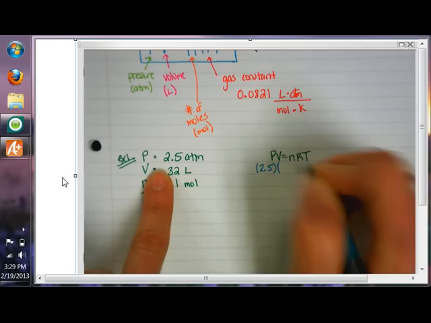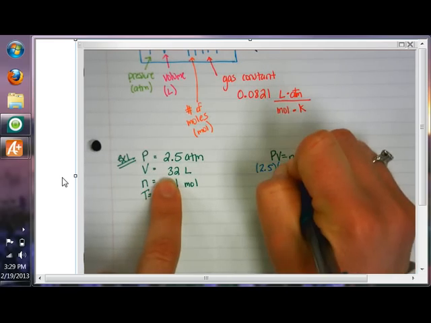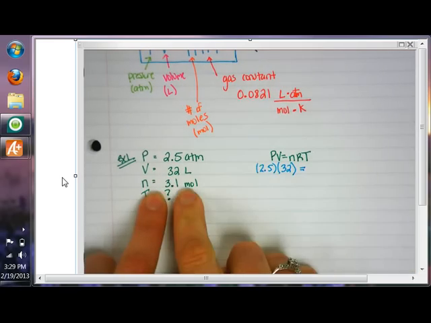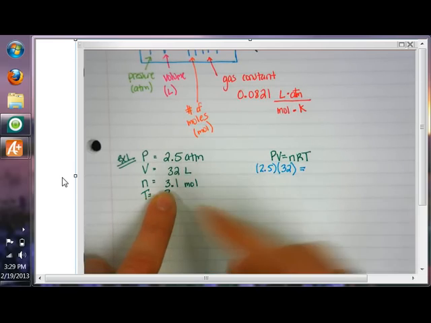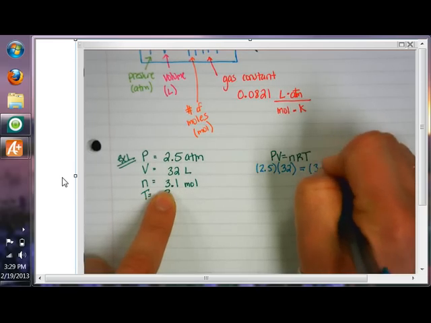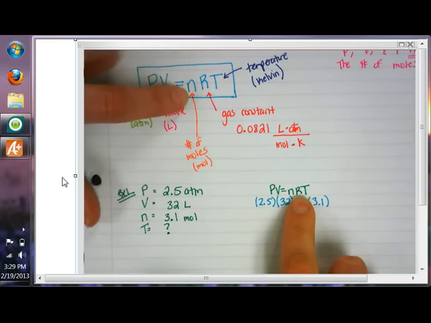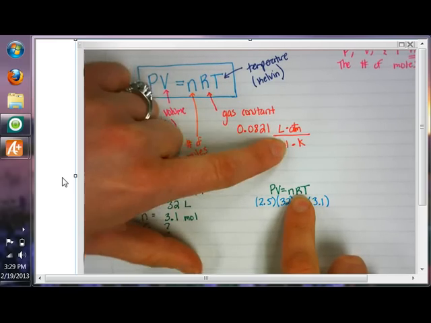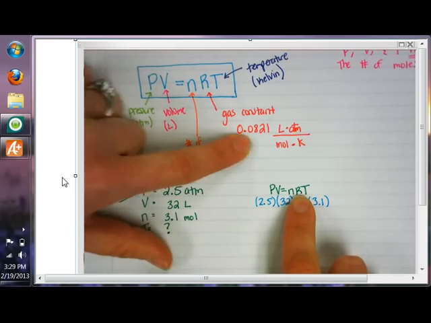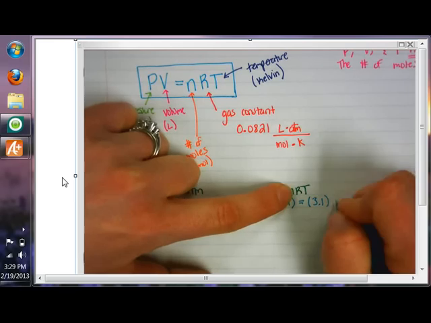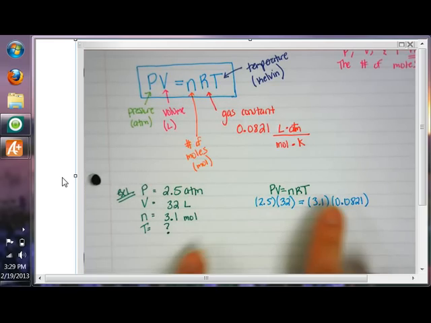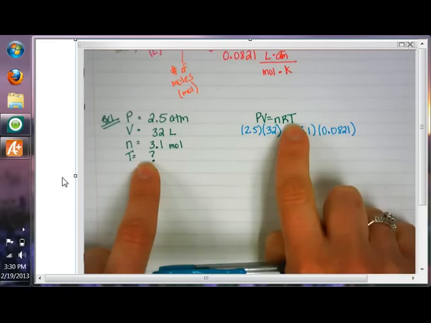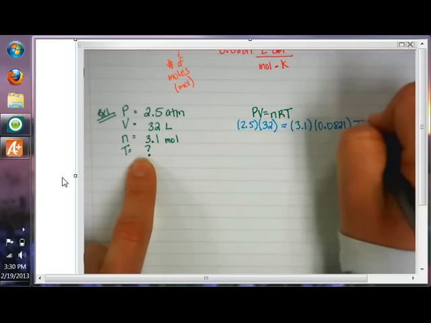My volume is 32. n, the number of moles, is 3.1. R is always 0.0821. Always, always, always. And they want me to find temperature, so I just leave that as T.